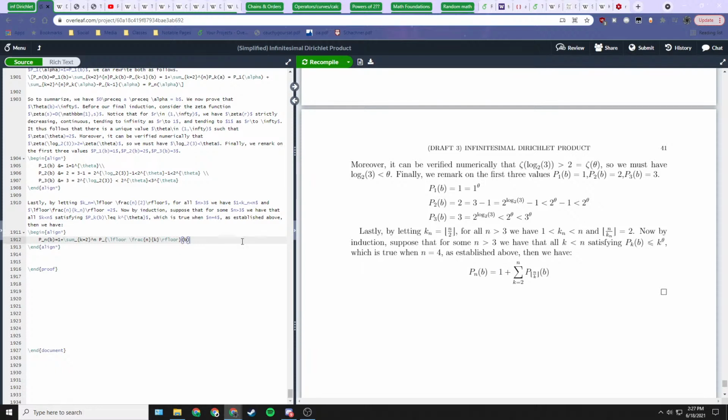So we're going to rewrite this whole summation as P sub K sub n of B plus the sum from K equals 2 to n with K not equal to K sub n. So we've extracted the K sub n term out of the summation.